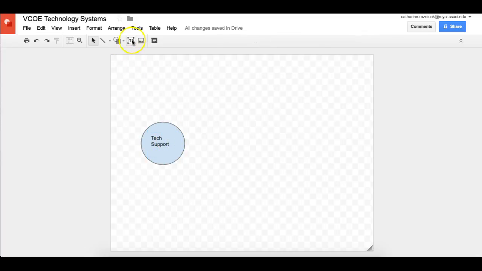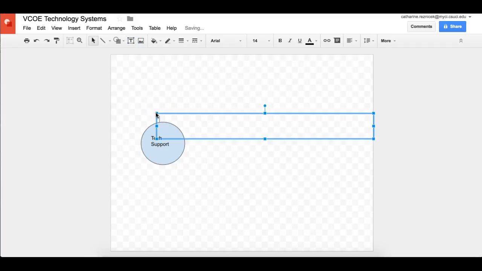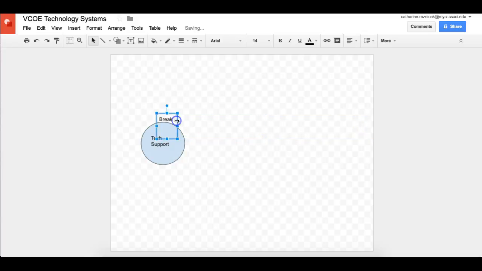Basically what we have is a break-fix cycle, and I talked about this in some of my other stuff. Essentially the way that the break-fix gets fixed is through our ticketing system.